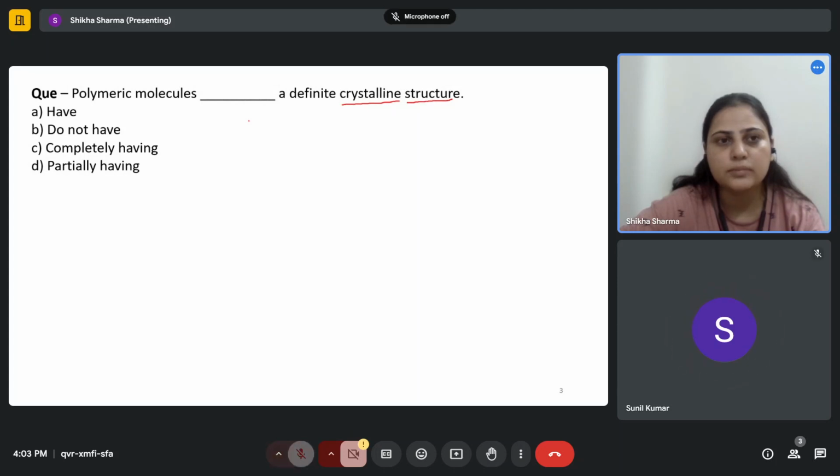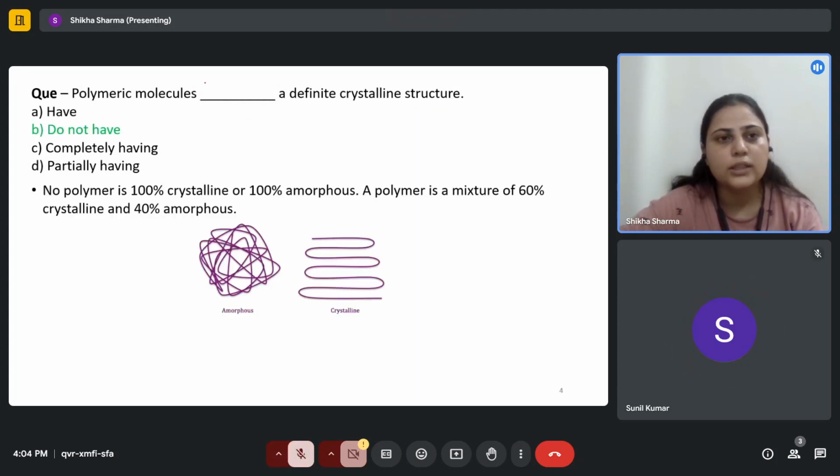Any answer? Actually, no polymer is 100% crystalline or 100% amorphous. The polymer is actually a mixture of, mostly, 60% crystalline and 40% amorphous.